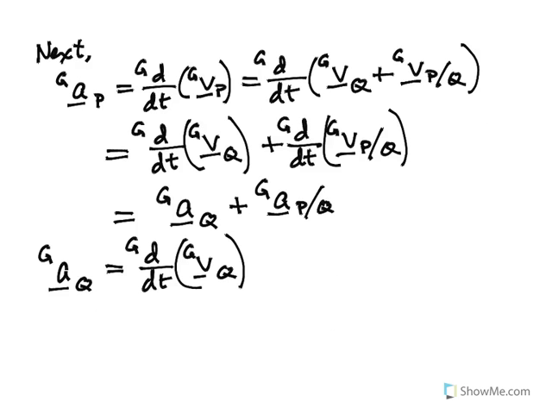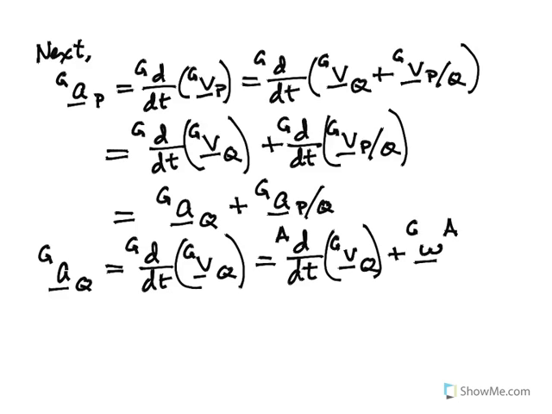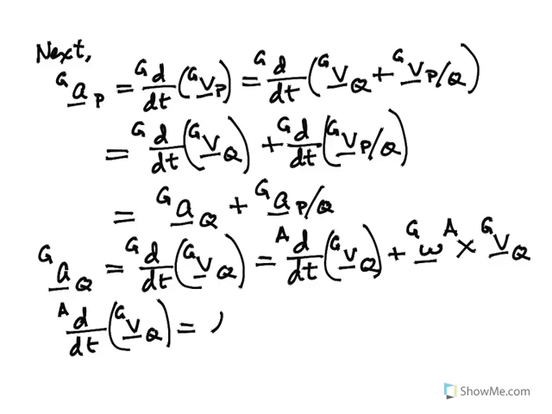So that's expressed in a basis that's fixed in reference frame A. So we're going to apply the transport theorem from A to G. This gives me the rate of change in frame A of the velocity of Q in G, plus the angular velocity of A in G, crossed with the velocity of Q in G. Now the rate of change in reference frame A of the velocity of Q in G is equal to L1 theta double dot times E2, because L1 is constant, E2 is fixed in A, and theta is the only thing that's changing.